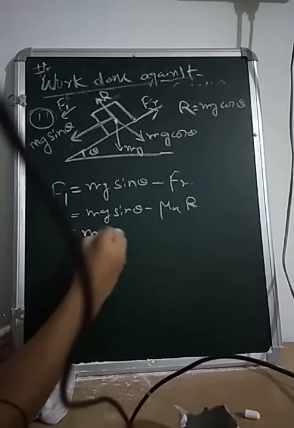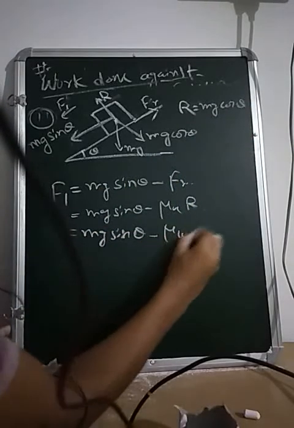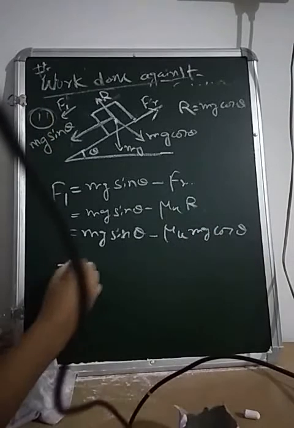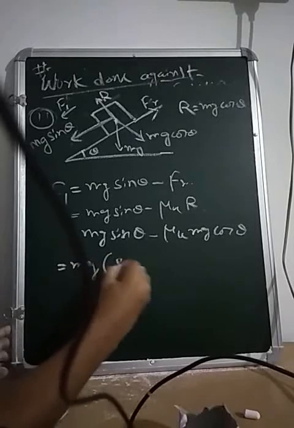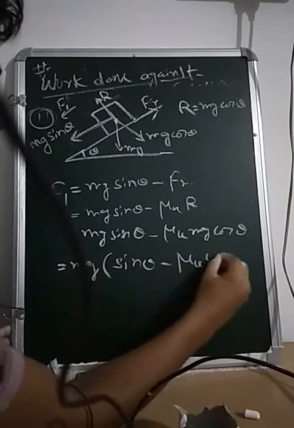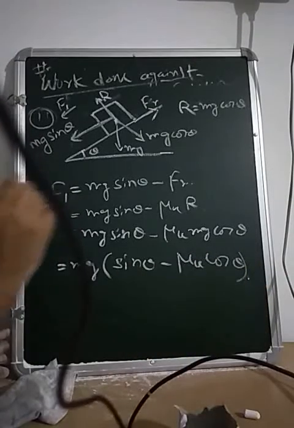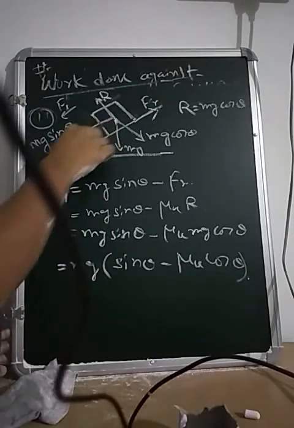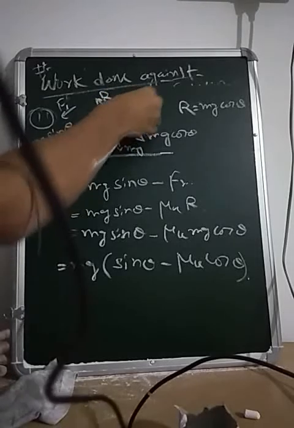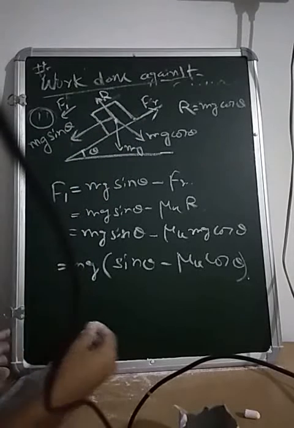So F1 equals mg sin theta minus mu k mg cos theta. Taking mg common, mg times (sin theta minus mu k cos theta). This is the force we require to slide the body over this inclined surface in the downward direction.